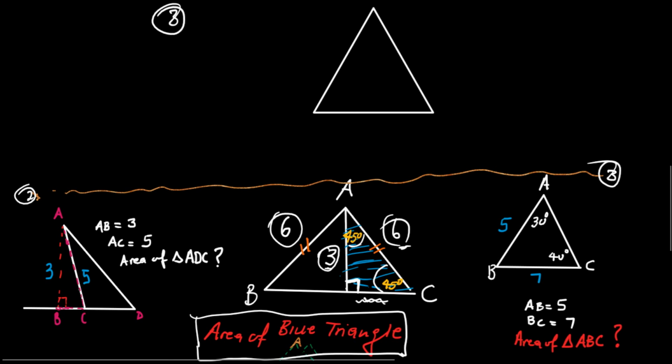So for number 3, we have 30 degrees, and then we have 40 degrees, and so this one should be 20.